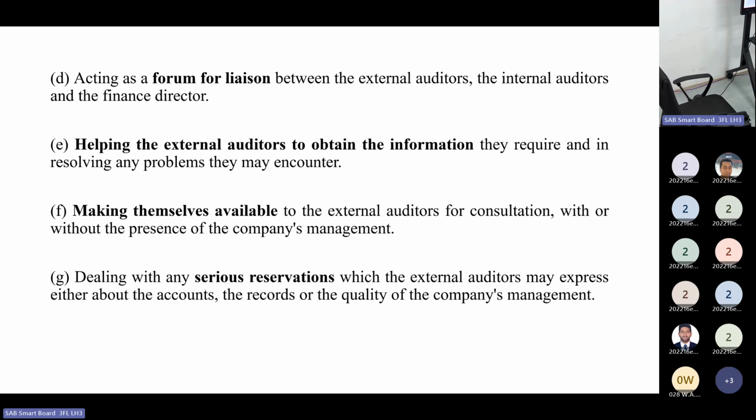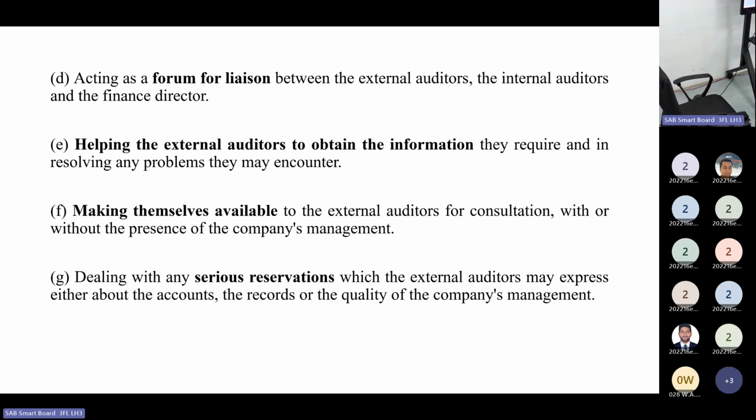If the auditors want to ask questions about the company, they need to always be ready to support them. Last one, dealing with any serious reservations the external auditors may express about the accounts, the records, or the quality of the company's management. So they need to take serious action on the audit opinions given on these things.